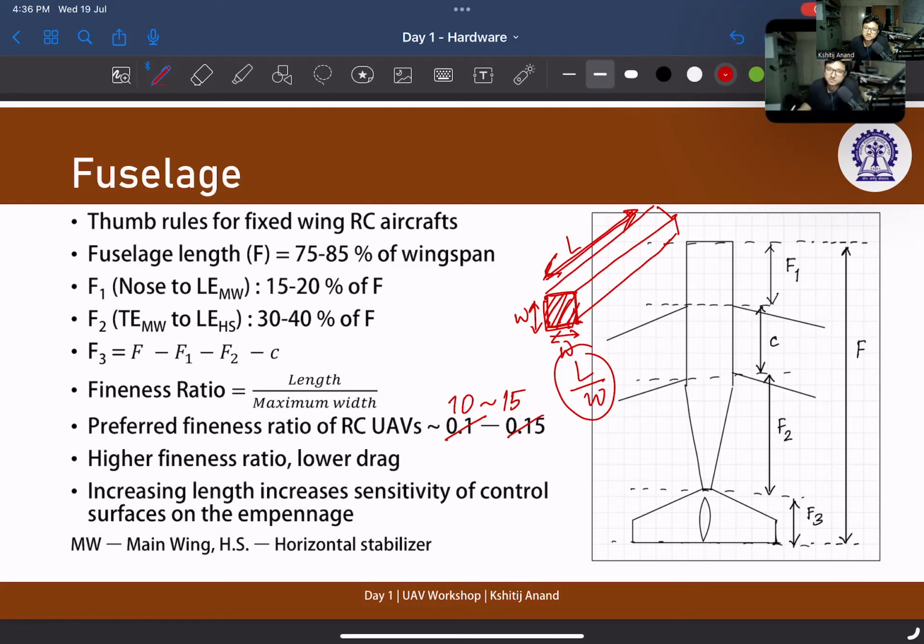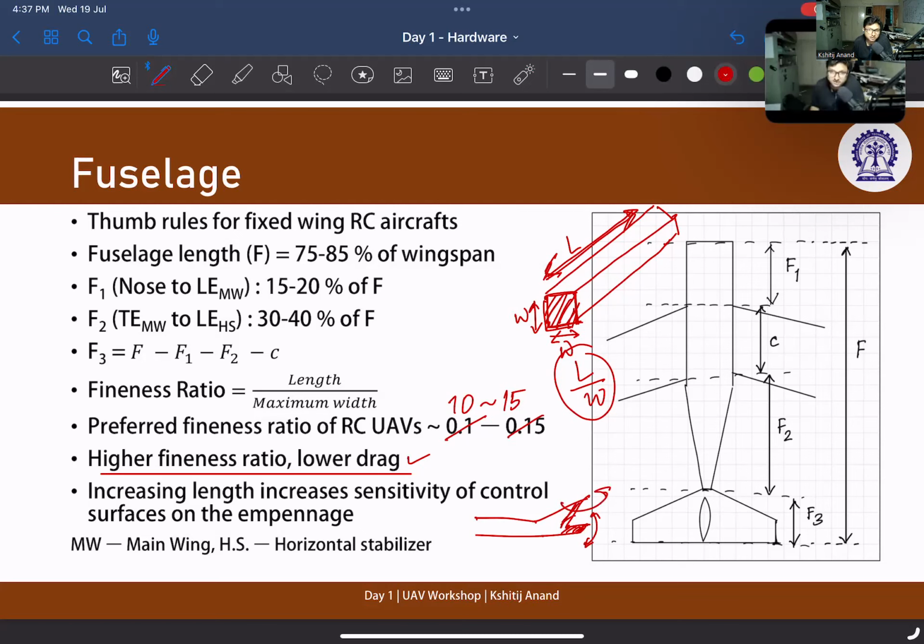Okay. However, there is another problem. If you increase the length too much, so higher fineness ratio is going to give you lower drag. That's true. But if you increase the length, what is going to happen? You are basically controlling the pitch of the aircraft. So you have elevators at the back and you have rudders at the back, right?